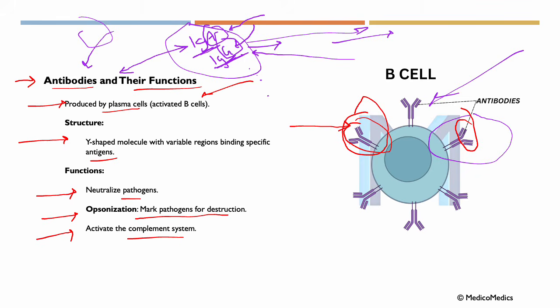Then we have the constant region, and that's the stem of the Y. And it is less variable and determines the class of the antibody. So when we talk about the class of antibodies like IgA or IgG or IgD, for example, we're talking about something that is defined here at the stem of the antibody.